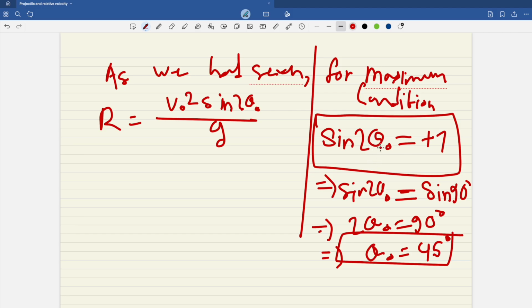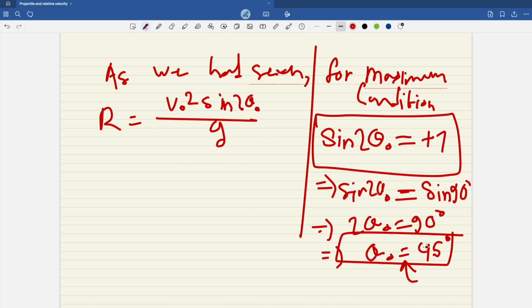So for the maximum value of sine 2 theta naught, theta naught turns out to be 45, and it's the angle for which the distance at horizontal will also be the maximum it will cover.